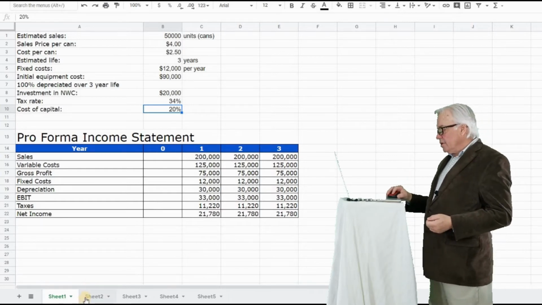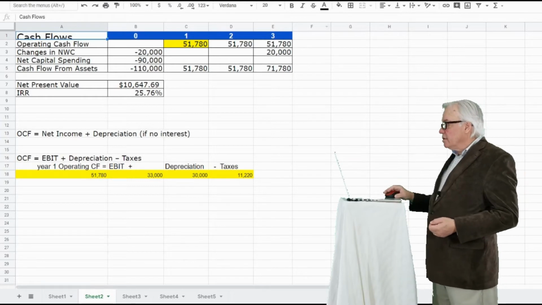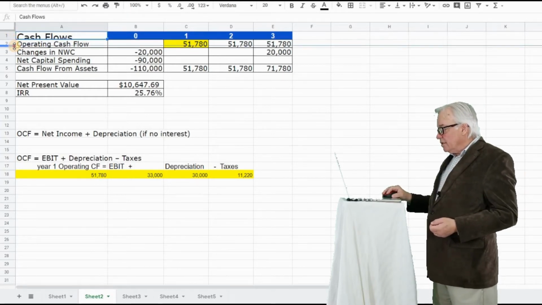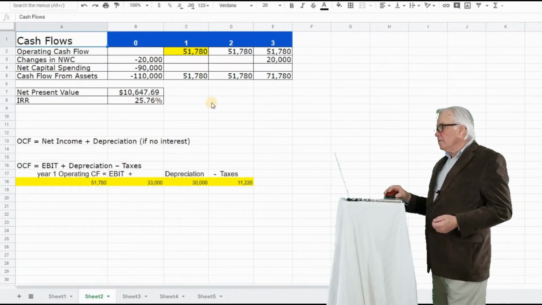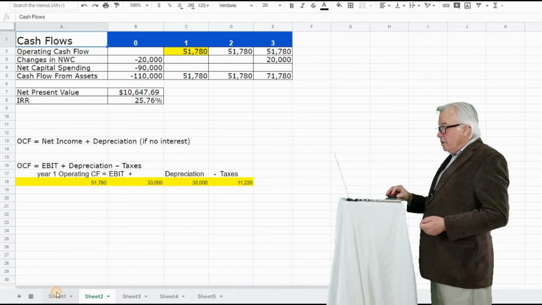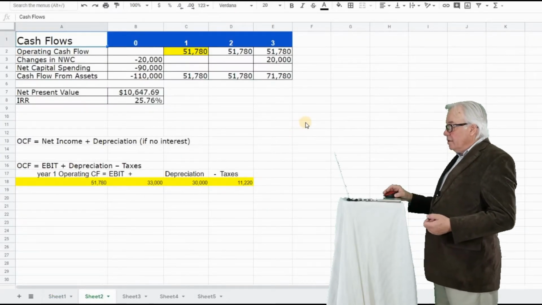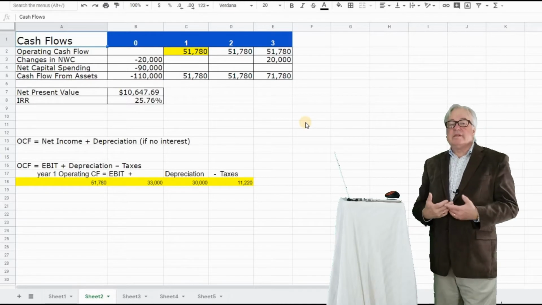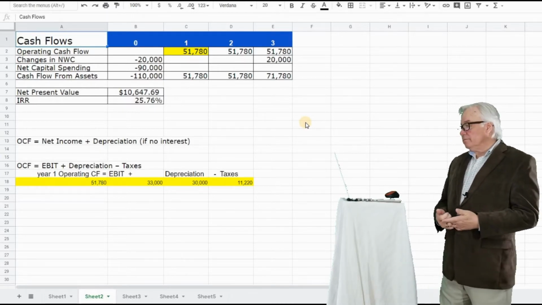So we'll go to sheet 2 on my spreadsheet here, and this will show us a cash flow statement now. This cash flow statement is taking the same numbers that we came up with on the previous page, and it's putting them into, okay, what are the differential cash flows on this project?